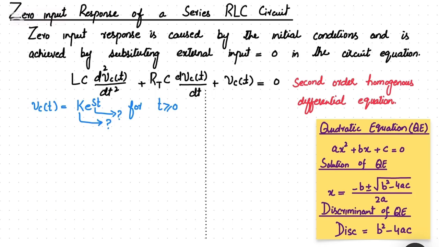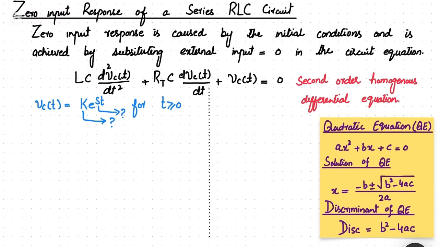So after substituting, the result would be LC times the second derivative, which would be k s square e raised to power st, plus RTC, this is the constant coefficient, times the derivative of Vc of t.